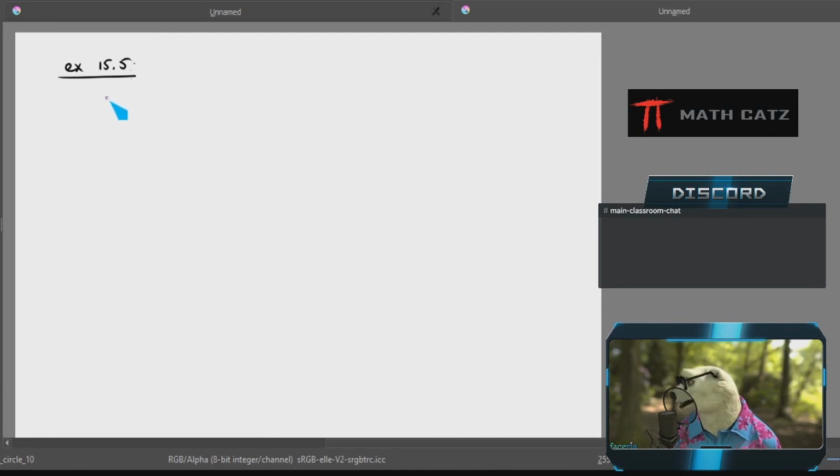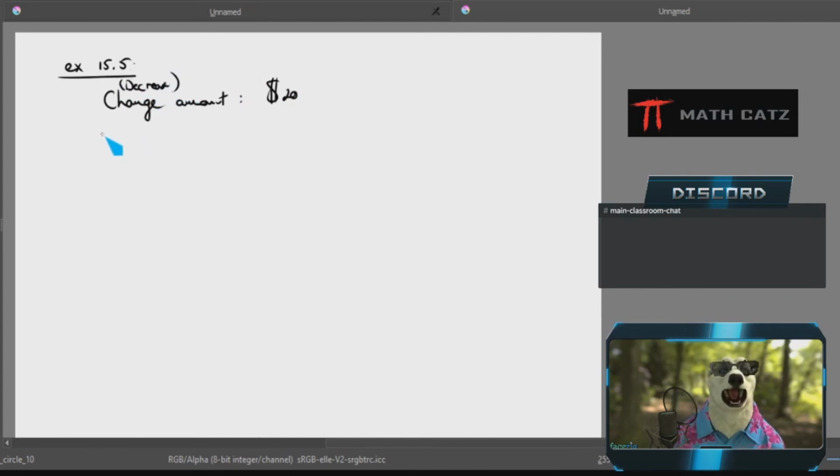So now I'll say change amount is $20. That's a decrease. Let's write here, decrease. And my new amount, new price, whatever you want to call it, is $100.